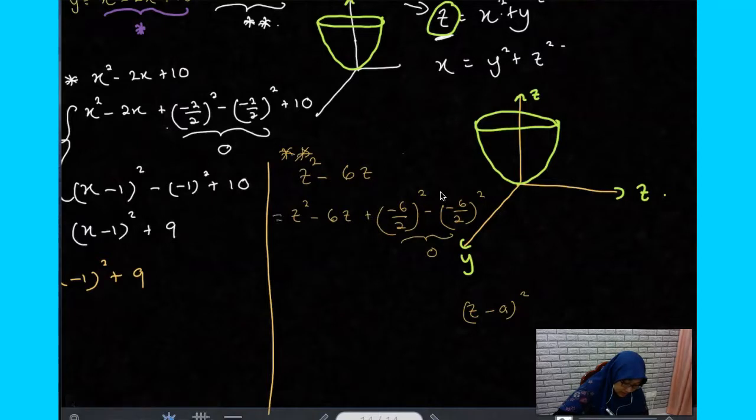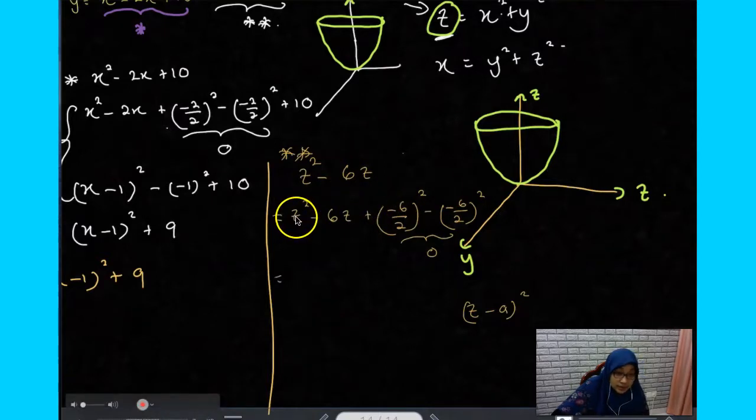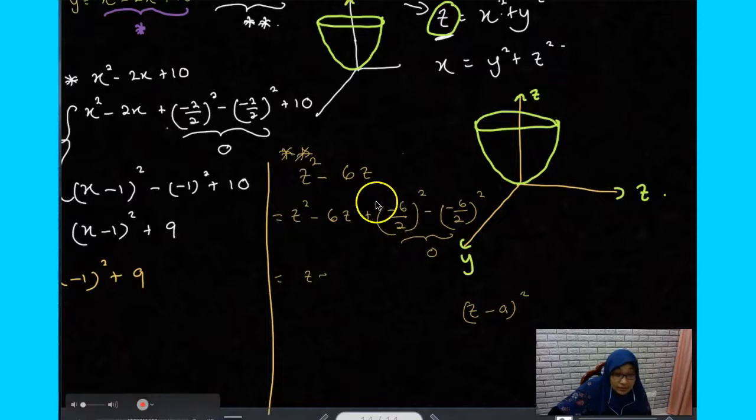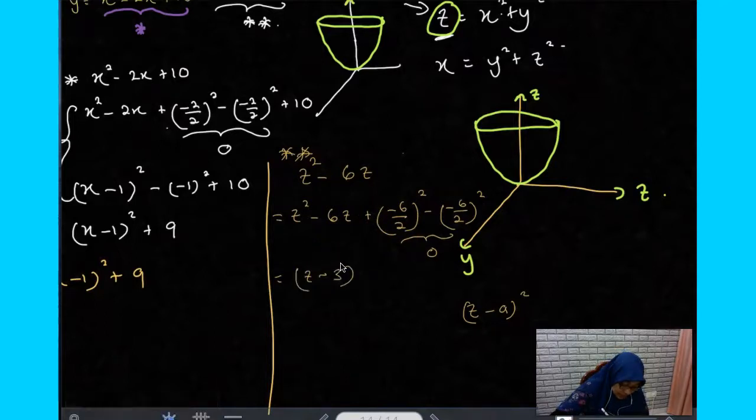So here, just take z and whatever value that you will get for this term. So you have z, you have negative because you have the negative here. So minus 6 over 2, you will get 3, right? So z minus 3, z minus 3 squared.